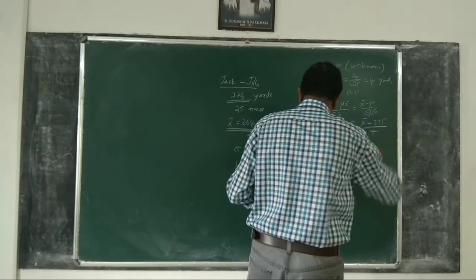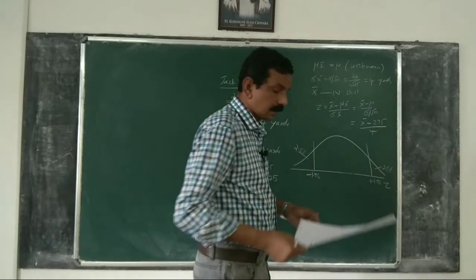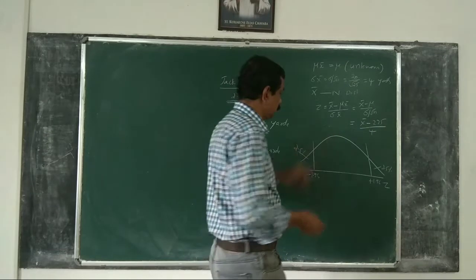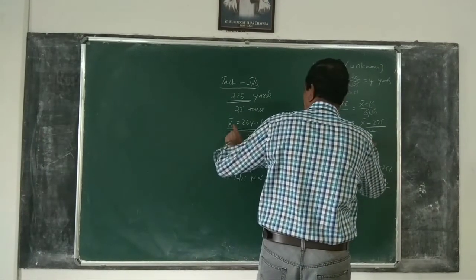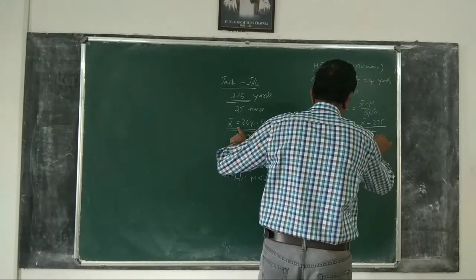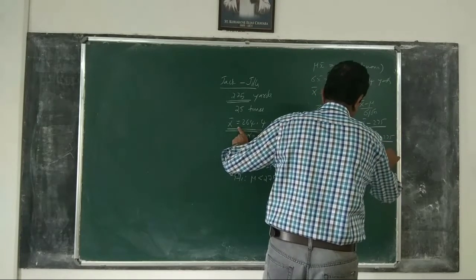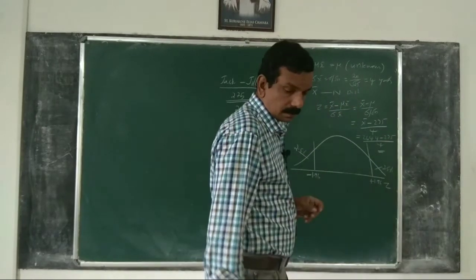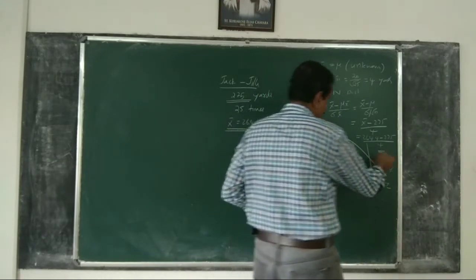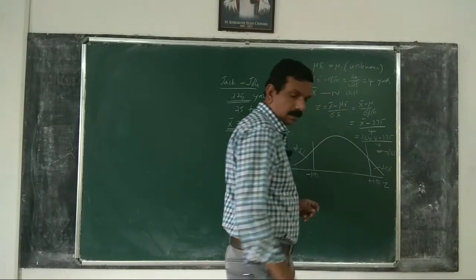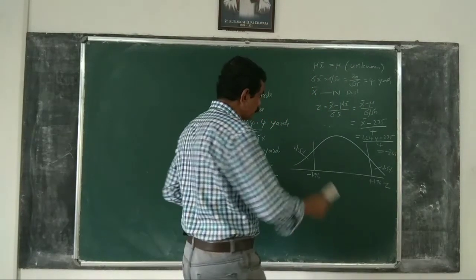The value is 264.4 minus 275 by 4, and it is equal to minus 2.65. That is the calculated test statistic value.